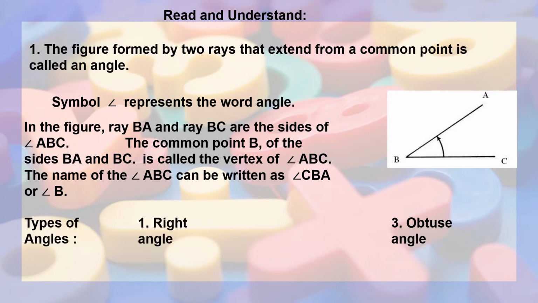Types of angles: you have a right angle which measures 90 degrees, an acute angle which measures less than 90 degrees, then you have an obtuse angle which measures more than 90 degrees. So these are a few terms that you need to remember. What is an obtuse angle, what is an acute angle, what is a right angle, what is the symbol for angle, how do you write down an angle and name it properly, what is the vertex. Okay, so I hope this is clear.